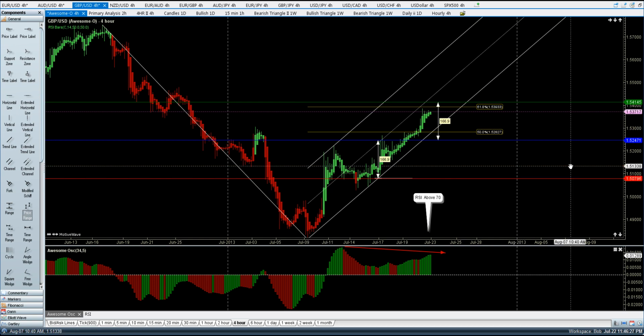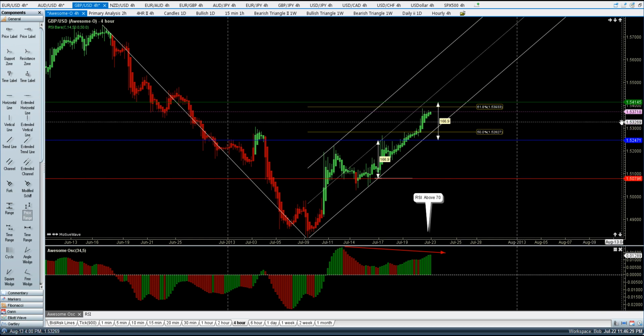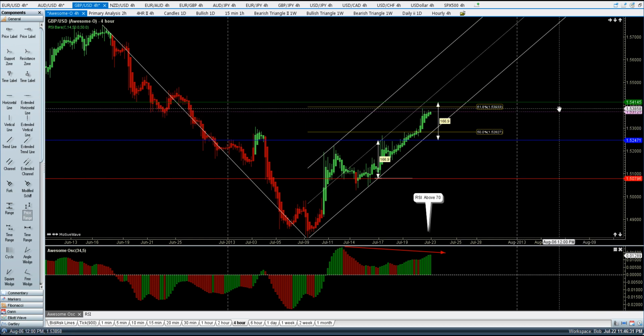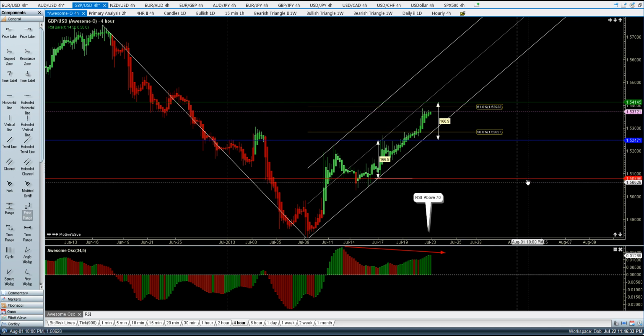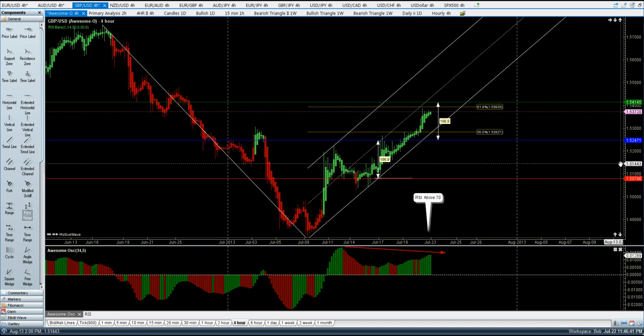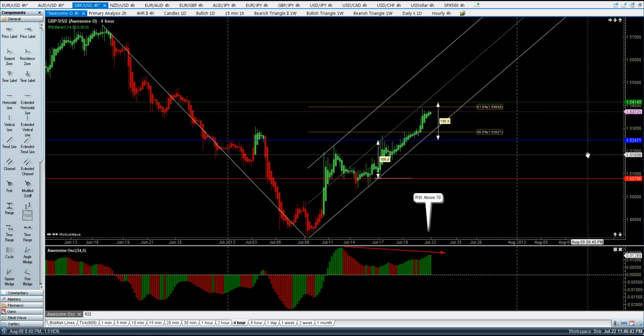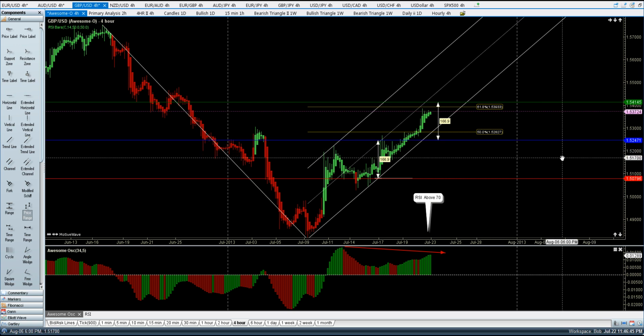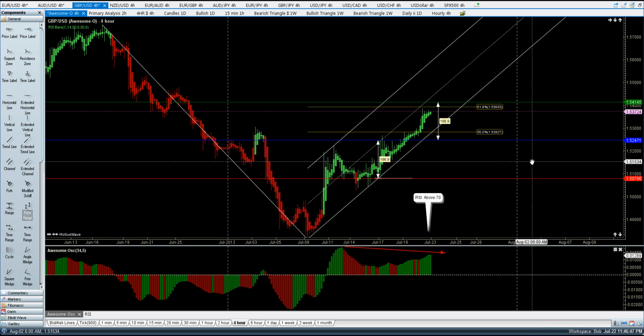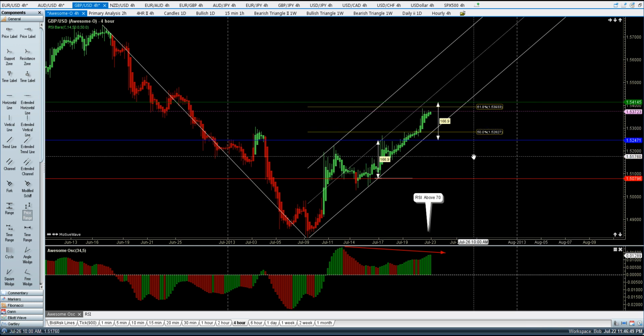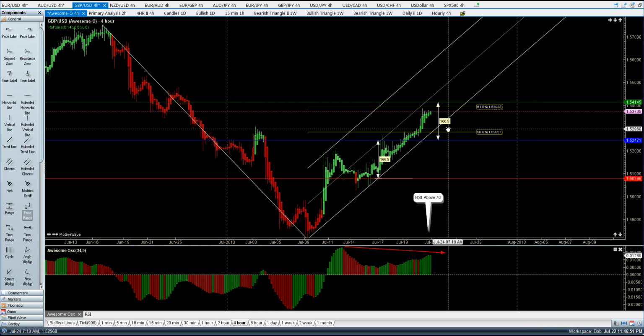Target 54.14, just above the 618 retrace. So you could probably go break even on those stops. I mean, if you're in this trade, but that's probably what I would do right now. If not, 53.